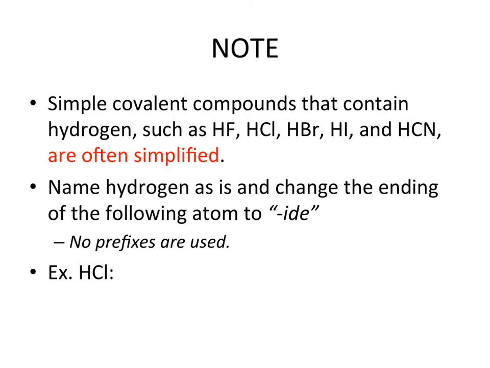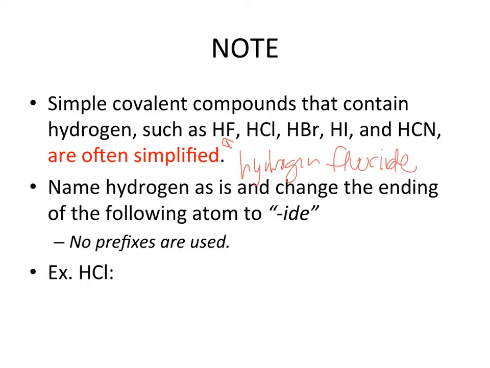Whenever we have a simple molecule that's made up of hydrogen and another atom, HF, HCl, HBr, HI, HCN, they're often simplified. We forego the mono altogether. So instead of saying hydrogen monofluoride, for this one we just say hydrogen fluoride.